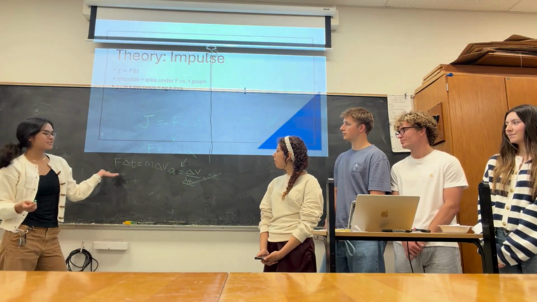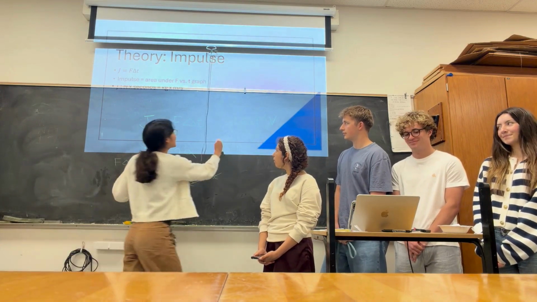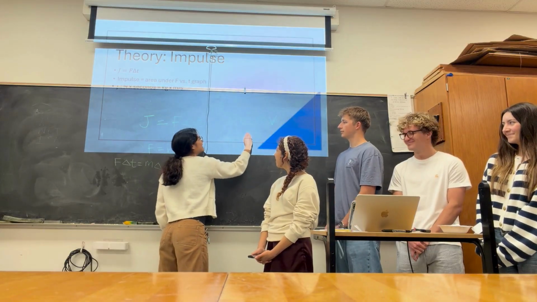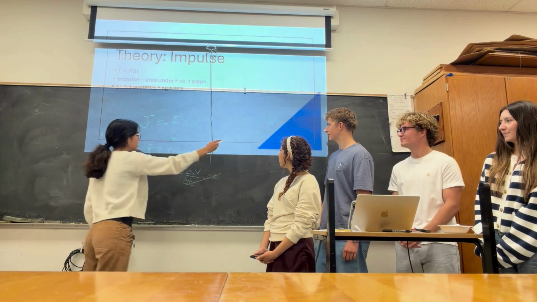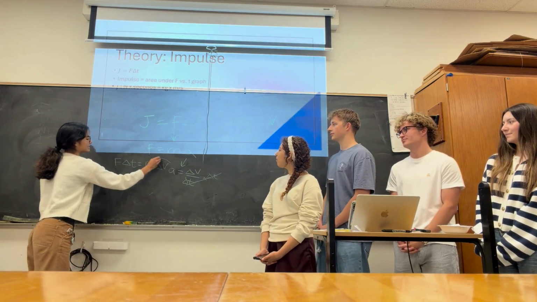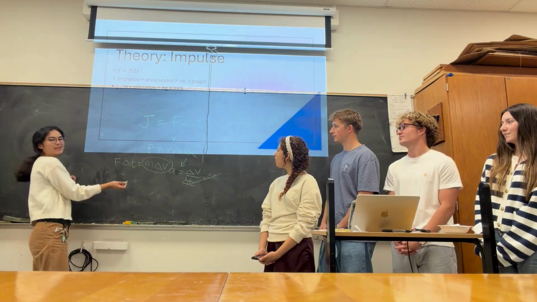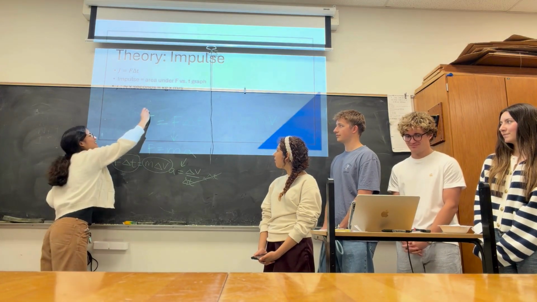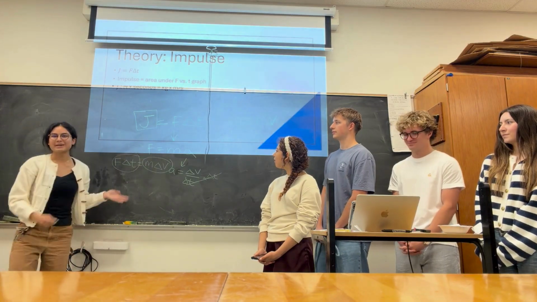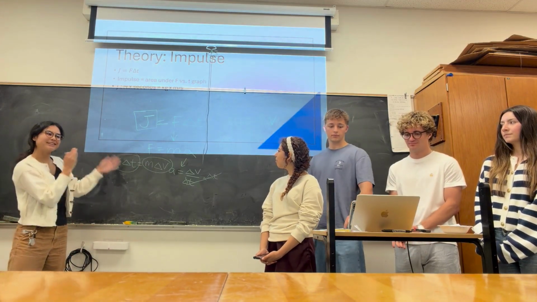Does that look familiar? Yes, because we have change in momentum is equal to mass times change in velocity, which is exactly what we see right here. And this side of the equation is our impulse. So basically in this lab, we're showing this process.